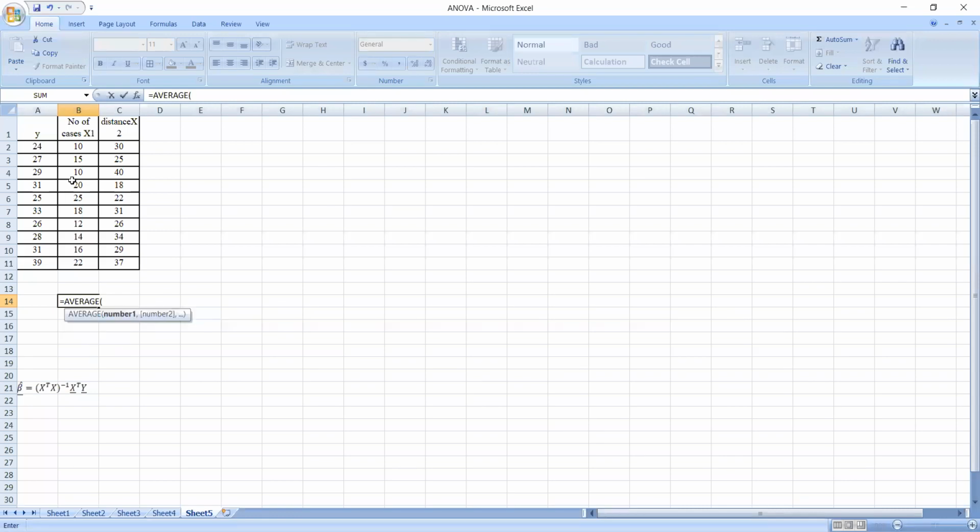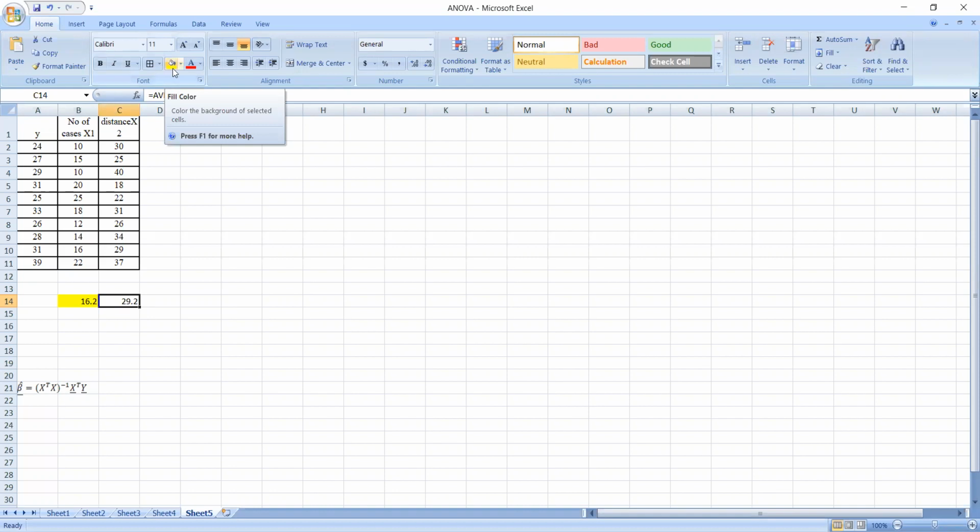I'm just using the function average in Excel to find the mean. So I'm going to take the x1 data set and the x2 data set, and here we have the two mean values. The mean respective to x1 is 16.2 and the mean respective to x2 is 29.2, right?